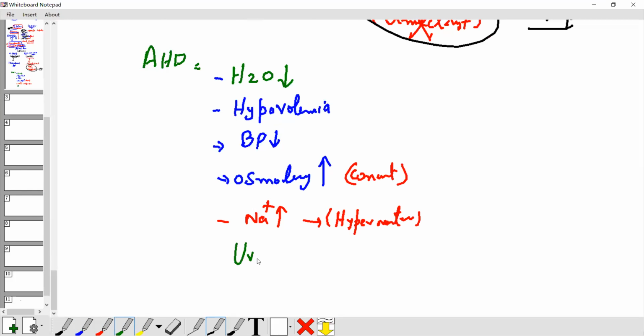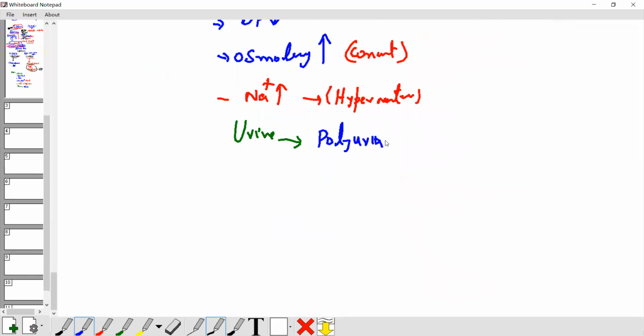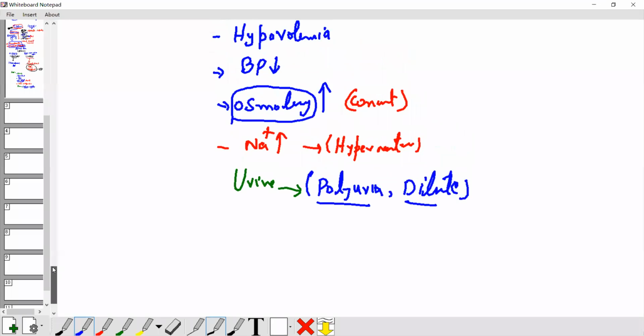And what is the change in urine? Frequent urination, polyuria. How about the urine osmolarity? Very dilute urine, because the kidney does not absorb water. Polyuria, very dilute urine. So because of polyuria, we have very high serum osmolarity here.